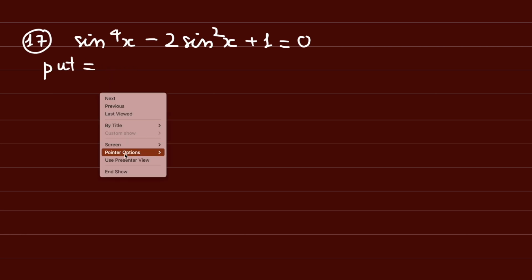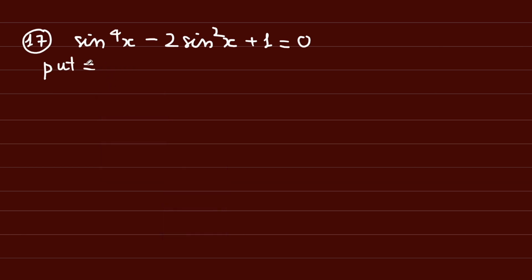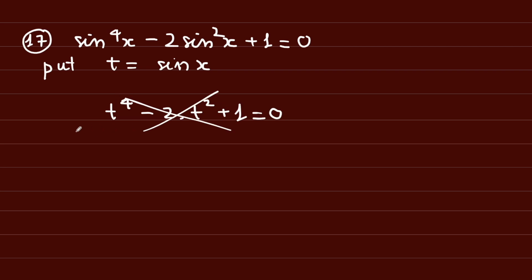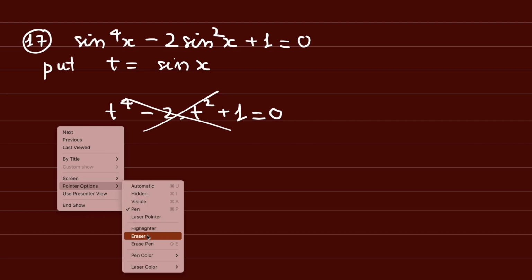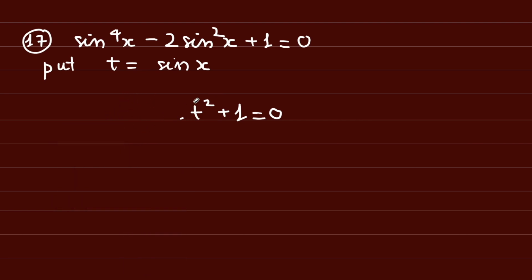The first is you need to convert this to a quadratic equation, but we cannot put t equal to sin h anymore here, because t equal to sin h means the equation becomes t to the power 4 minus 2 times t squared plus 1 equal to 0. No, this one is not fun to solve. We need to do another thing.